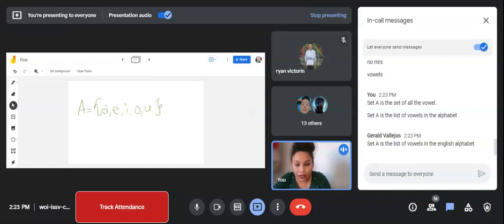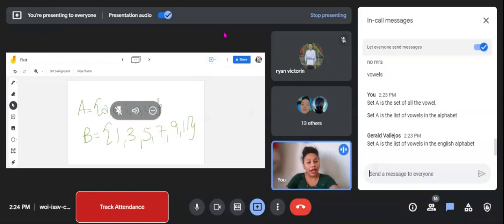Let's look at the other one. The other one is B is equal to 1, 3, 5, 7, 9, 11. What are those?